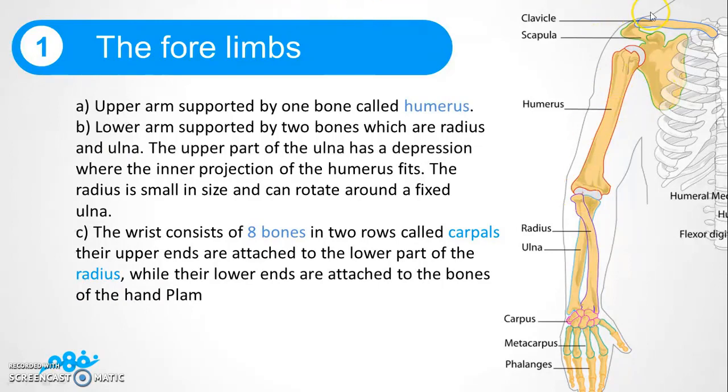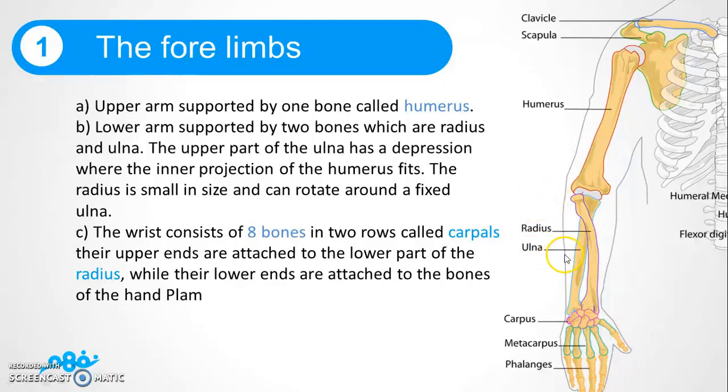We have the upper arm and lower arm. If I say upper arm, you should say the humerus. The humerus is in the upper arm. In the upper arm we only have the humerus, but in the lower arm we have 2 bones. The first one is called the ulna and the second one is called the radius.